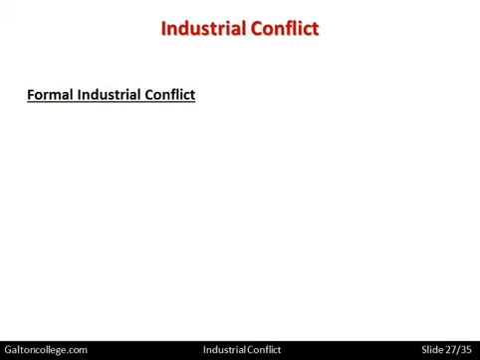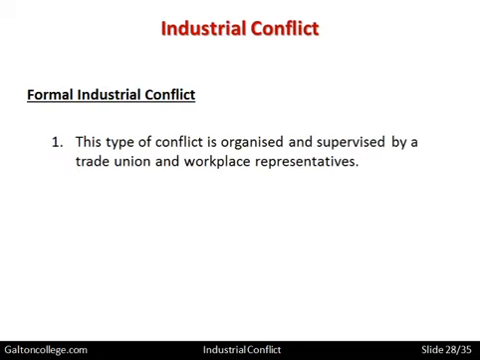Now, formal industrial conflict. This is, generally speaking, organised and supervised by trade unions and workplace representatives. This is more formal. This is when the trade union becomes involved, they see an issue, they're supporting the workers, and the trade union organises the protest.